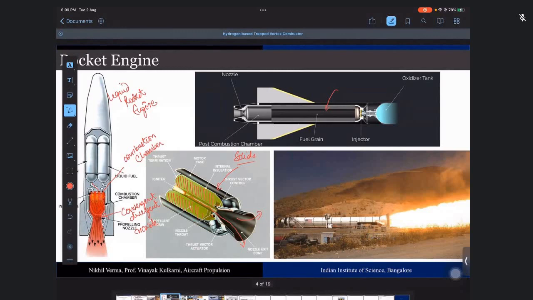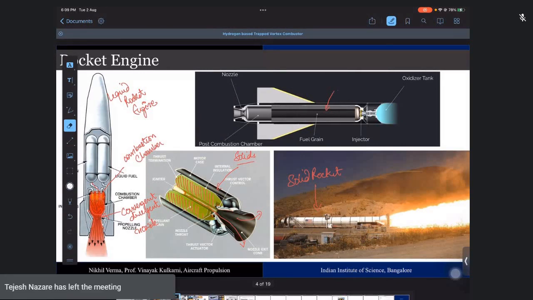So this is one of the solid rocket motors which is used by NASA, and this is how they are tested. Another option is we can use a combination of solid as well as liquid. These are known as hybrid rocket engines.